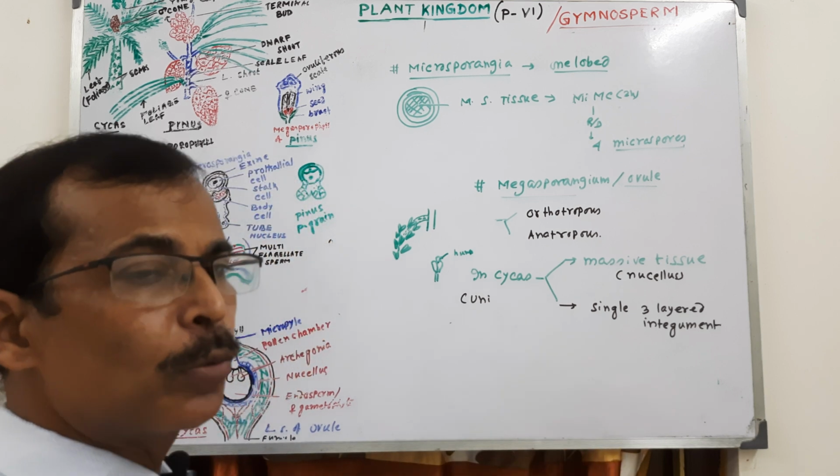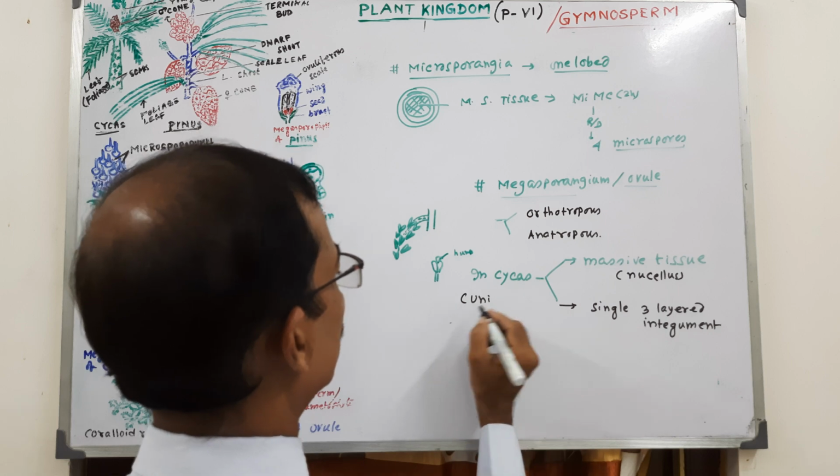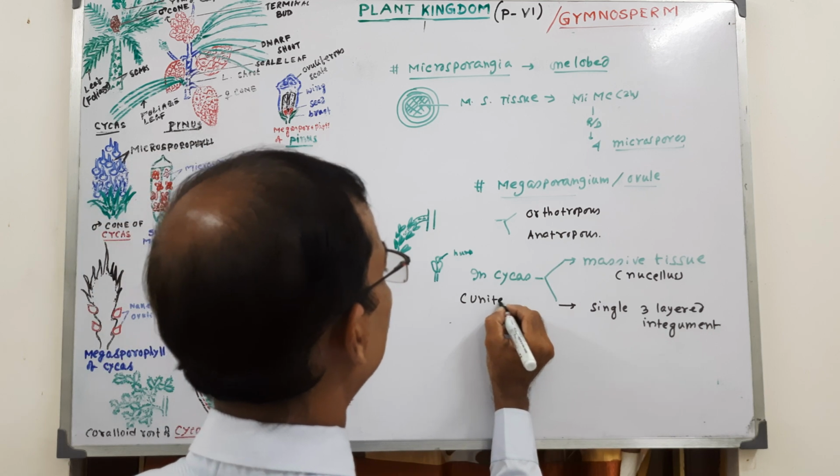Unlike angiosperms, which are mostly bitegmic, here only one coat, the testa, is present. So it is unitegmic.